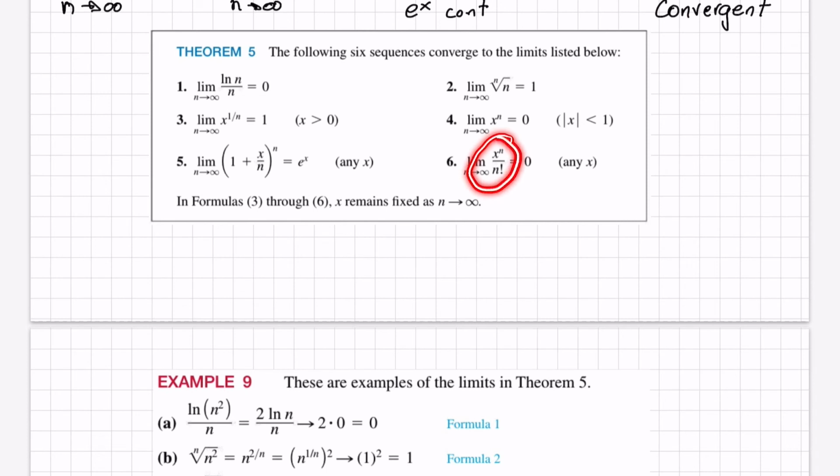X to the n over n factorial, for example, if x equals 2, you can say that limit is 0 because this is for any x. Again, here, if you put a number there, like 10, whatever, then you can say that this is e to the 10th power because this is for any x. And that's how these limits are taken, okay?